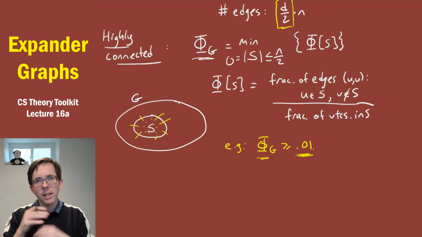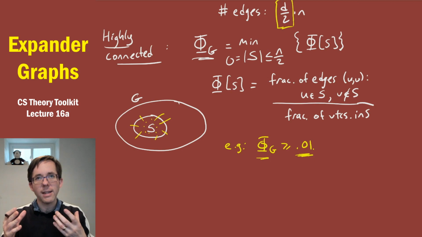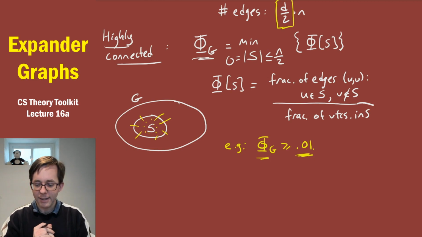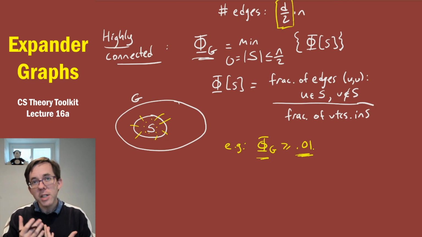So here we looked at the number of edges on the boundary of S divided by the number of vertices in S. That's called edge expansion.